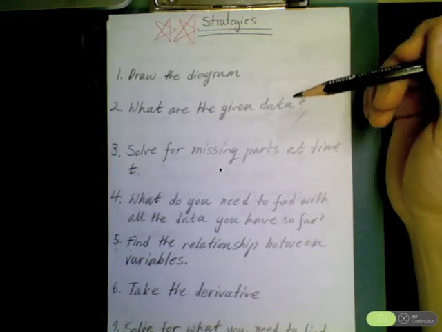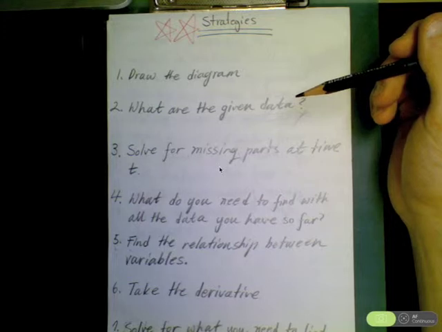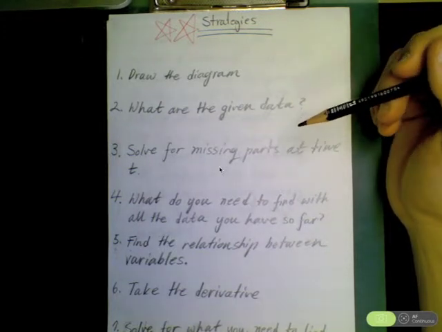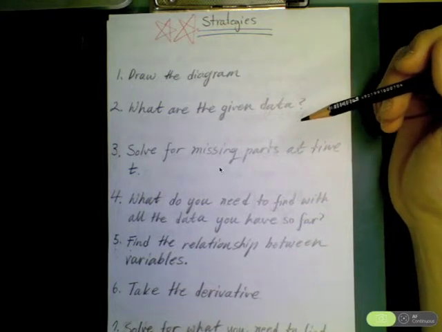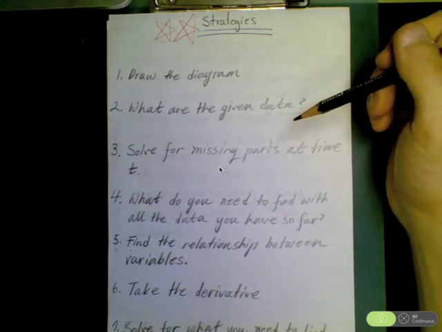The problems are always going to give you some variables, and you have to take note of those variables and keep a record of them so that you won't forget them while you're solving the problem.